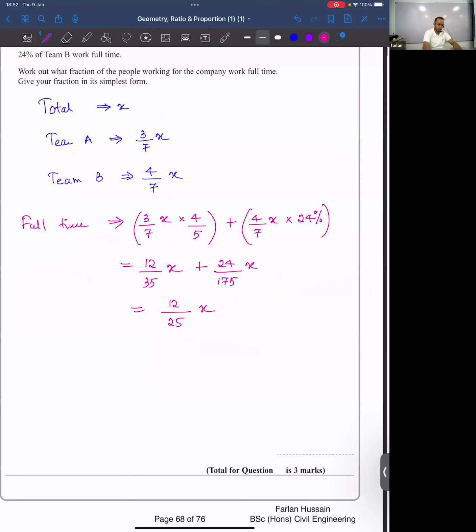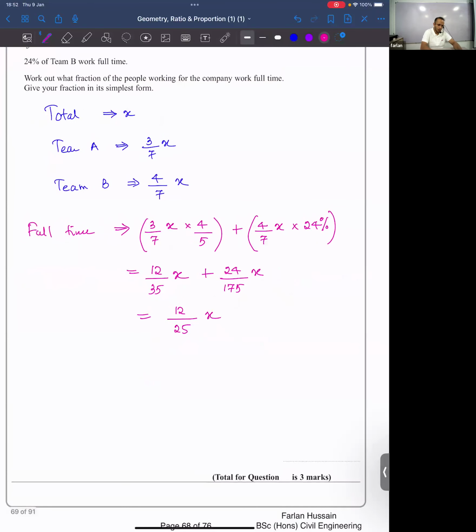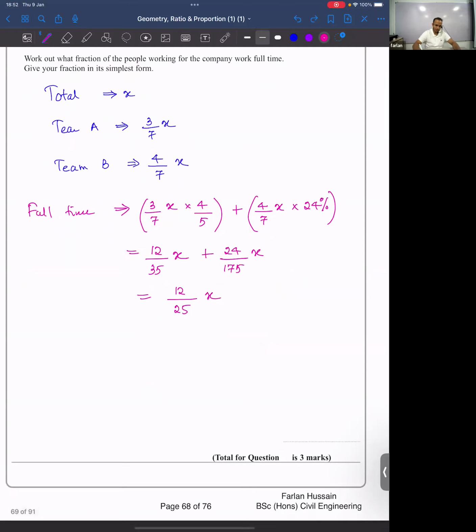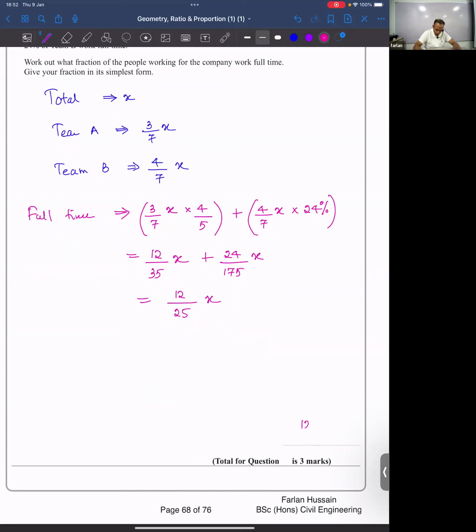So the question was, work out what fraction of the people working for the company work full-time. If there are X number of people in the company, working full-time is 12 over 25 X. So what fraction of the total people working in the company work full-time? 12 over 25. That is the fraction.